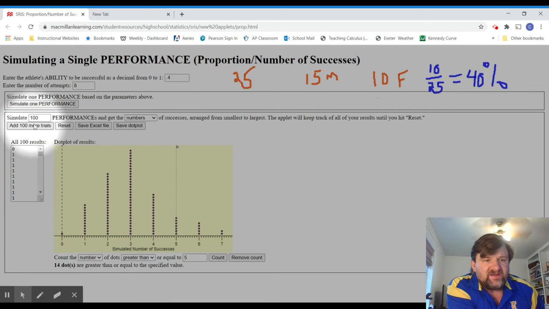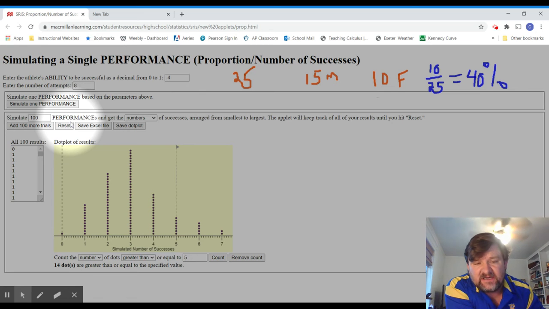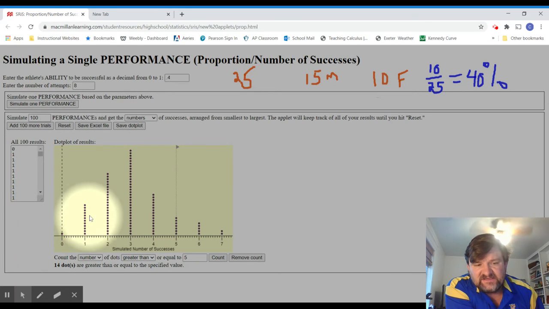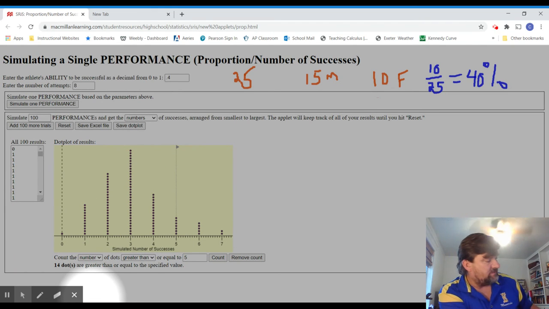If they repeated the process of picking 8 pilots out of 25 100 times, at one time they would get 0 female pilots, this many times they'd get 1 female pilot, 2 female pilots, 3, 4, 5, 6 female pilots, and then 7 female pilots.